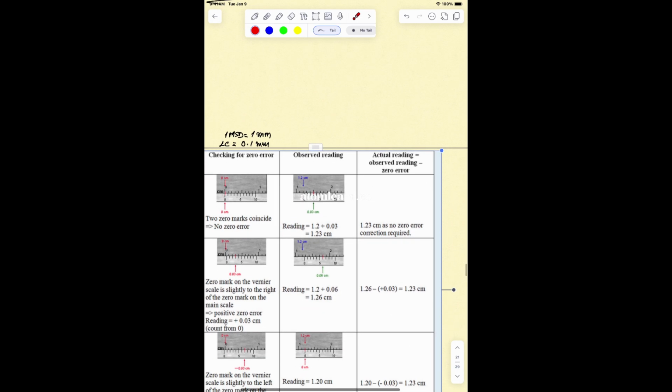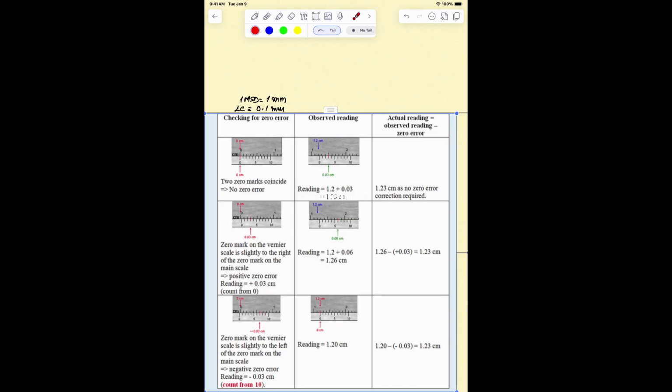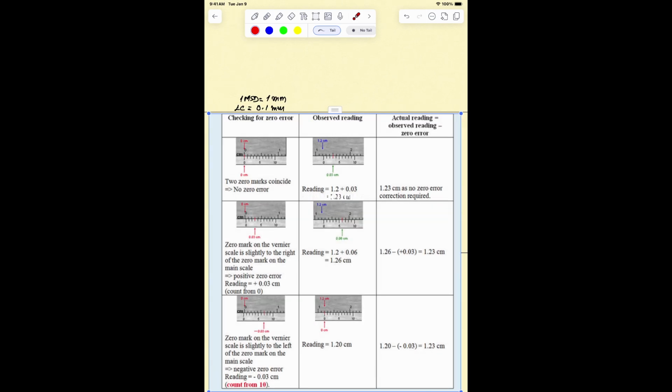In this case, after 12 divisions of the main scale, you find the zero of the Vernier scale. Therefore the zero of the Vernier scale is after 12 divisions of the main scale, so 1.2 centimeter, plus then you find the third division of the Vernier scale is coinciding with some main scale division.